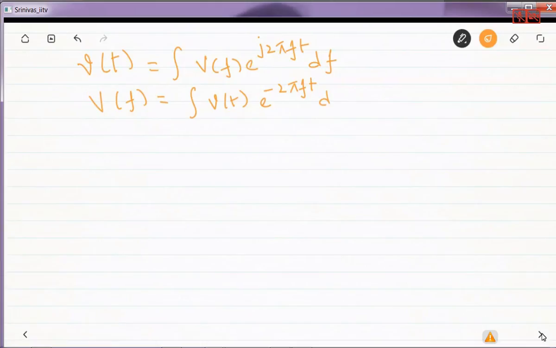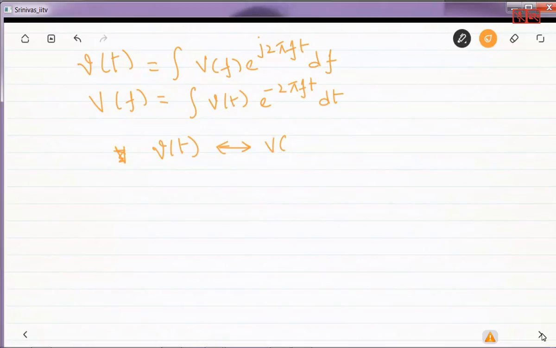So I'm not going into the basics of Fourier transform, as that is not the intention of this course. As I said in the last class, I asked you to refresh these basics. But just for the sake of notation, I am doing this. So the v of t Fourier transform pair is denoted like this.